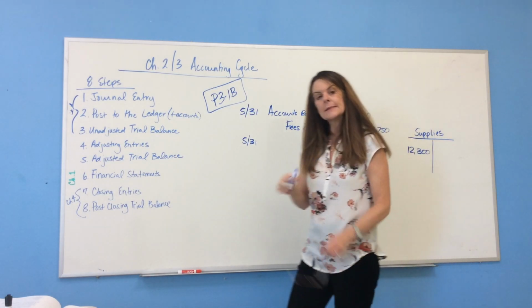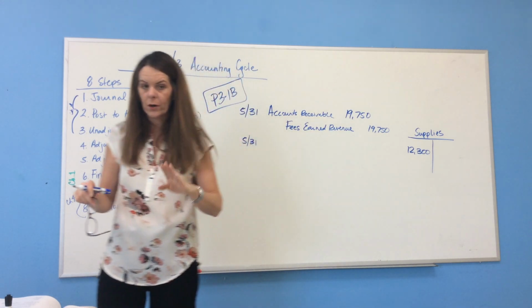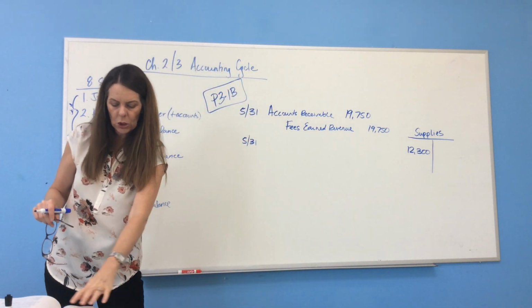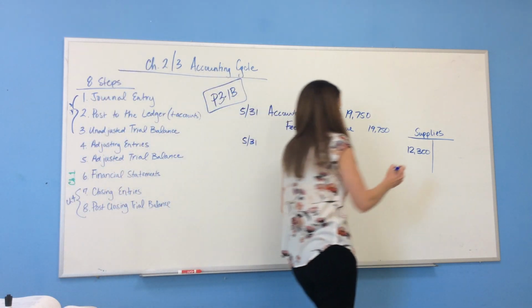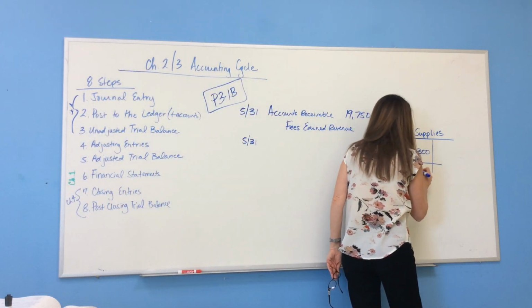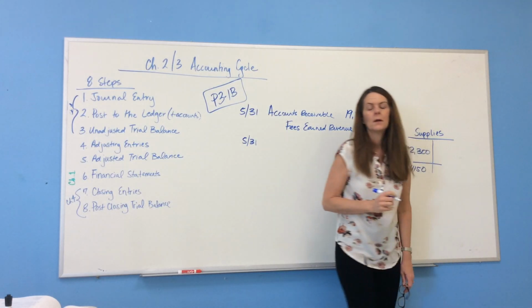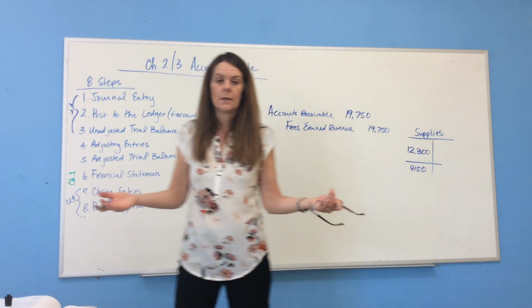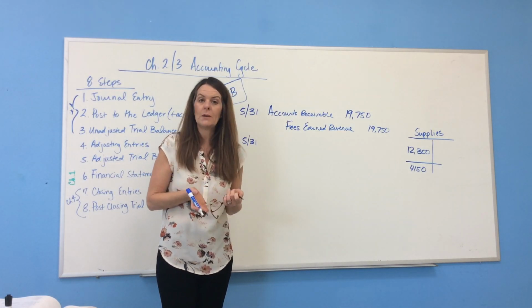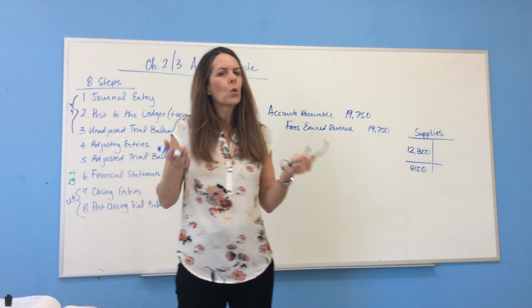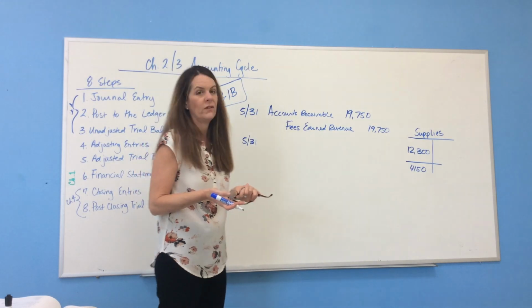So that's the balance that's in the account at the end of the month. However, we've sent somebody to go do a count, or we've counted it ourselves, and really, in our supplies balance, we only have $4,150, which means, quite obviously, that we've used some supplies. So we had $12,300 maybe at the beginning of the month, and now we're down to $4,150.